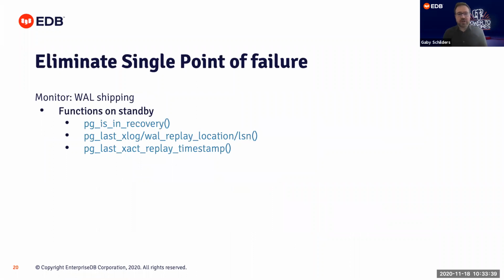The way that you monitor this WAL shipping is by looking at certain functions that return information to you within Postgres. Just a heads up, functions that are core functions in Postgres are always named pg_. So the first part of this name is always the same.